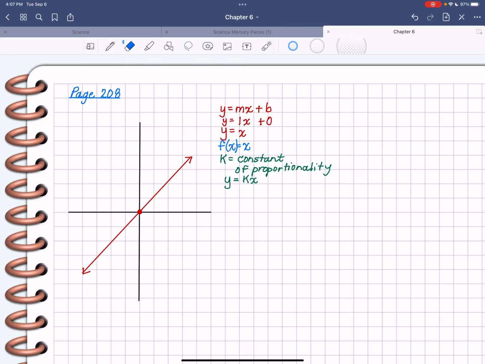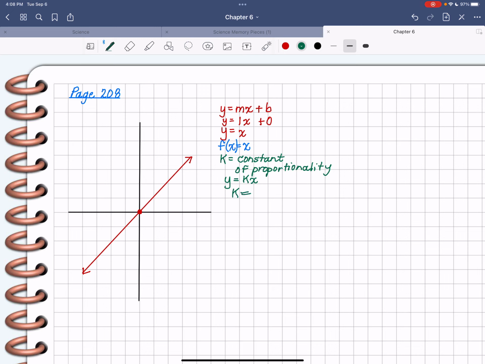So most of that, if not all of that, is review, but it's been a while since we thought about it. And that's what they're talking to you about on page 208. That you have a proportional relationship if the ratio of y to x is always equal to a non-zero k. K cannot be 0, because if it were, you wouldn't have any proportionality.